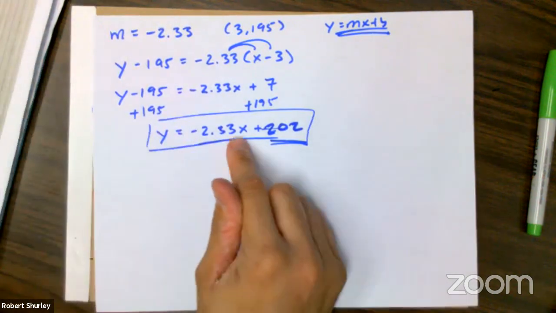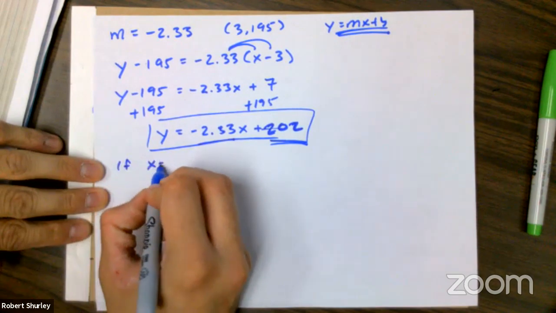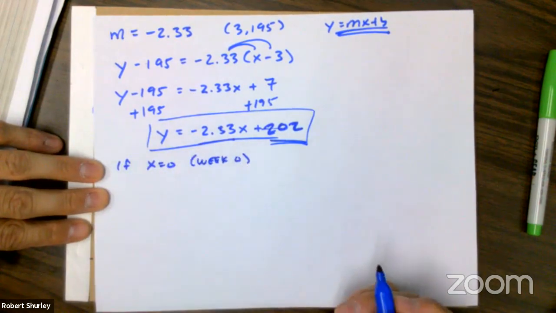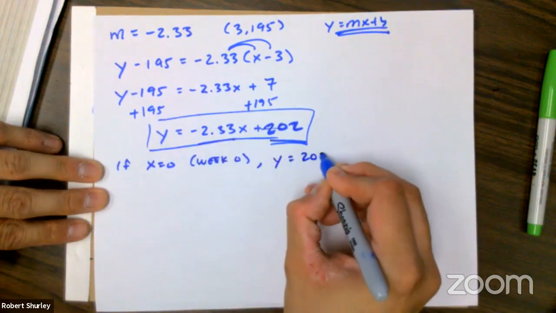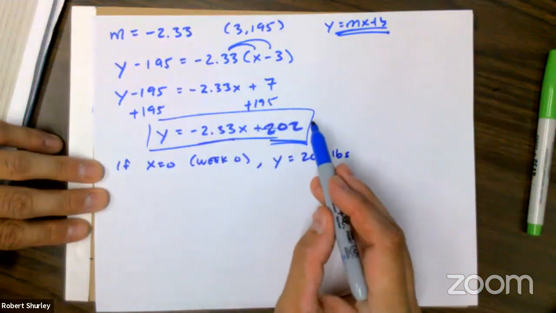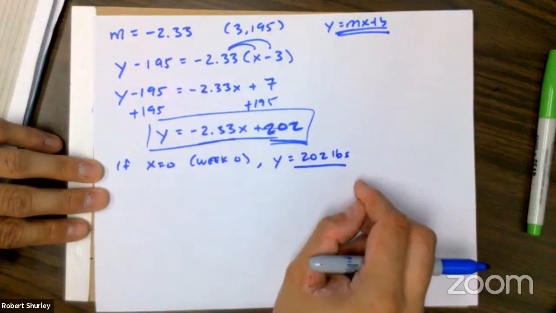Think about this. If x equals 0, so week 0, right? If I put x equals 0 in here, I'd get y equals 202 pounds. So the intercept actually is where I started with weight-wise, okay?